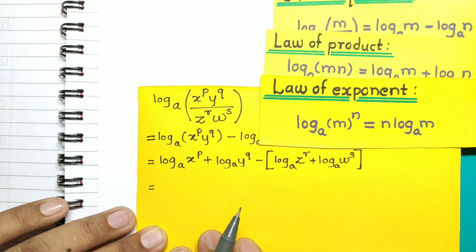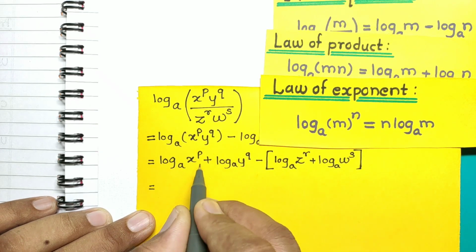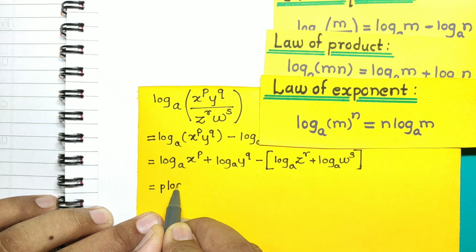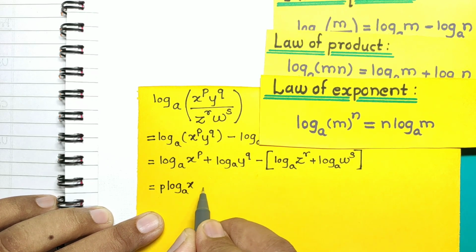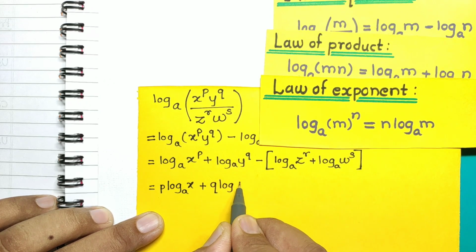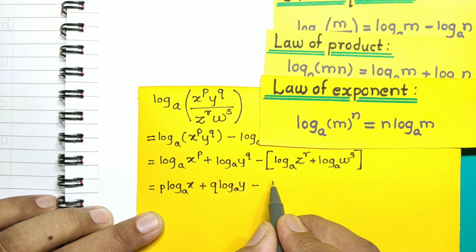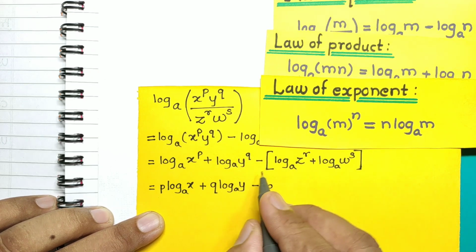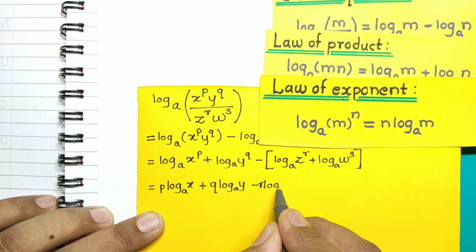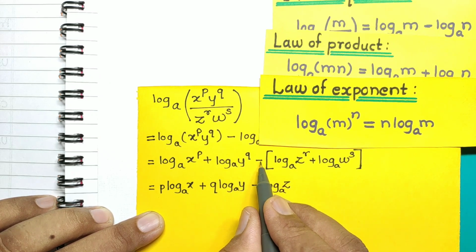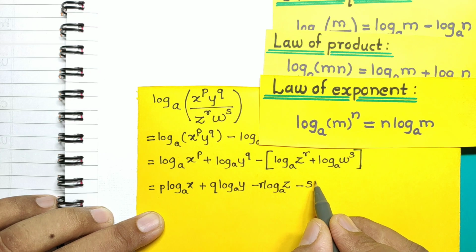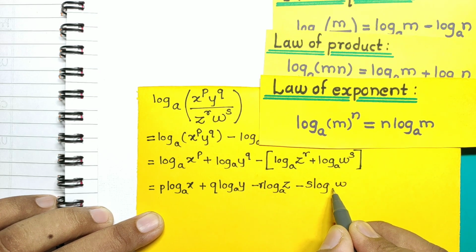So using the law of exponent, we can write it as p into log of x to the base a plus q multiplied to log of y to the base a minus r into log of z to the base a minus s into log of w to the base a, where each power is multiplied to the logarithmic term.